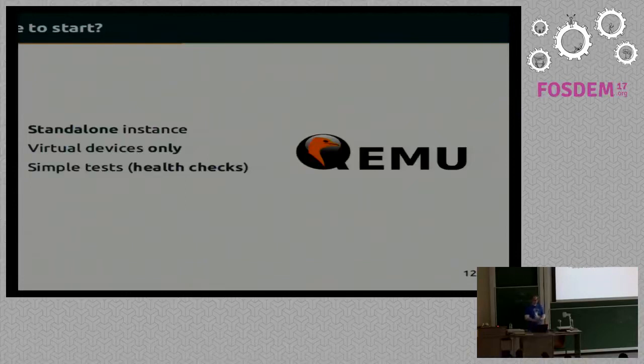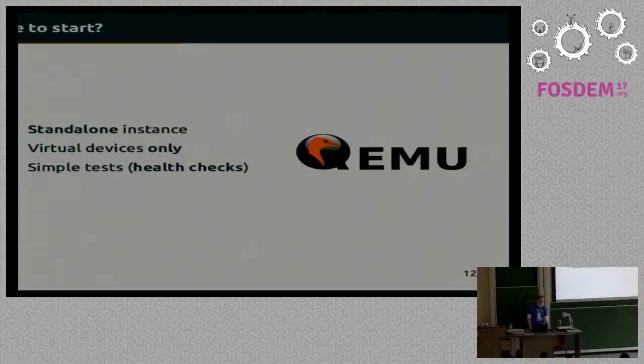Just for a start, it's best to focus on a standalone instance with no remote workers, with no distributed environment. A standalone instance will allow you to get the most of Lava as quickly as possible.